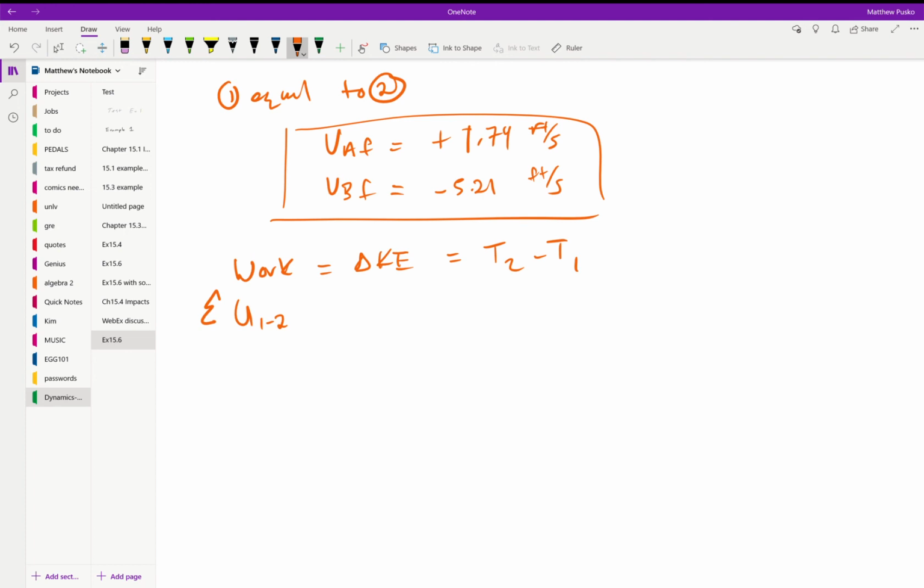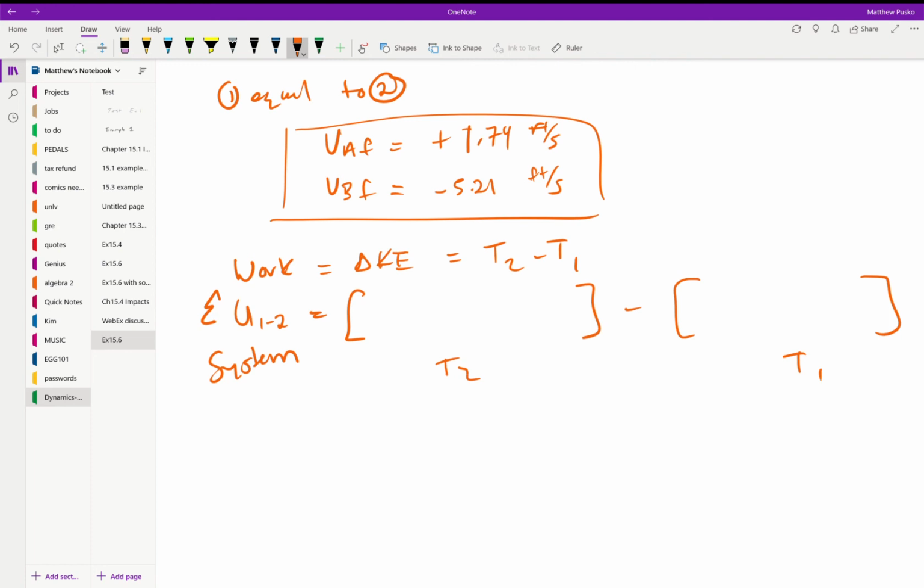If we look at the work done from 1 to 2 for the system, I'm going to say this is my T2, this is my T1, and I'm going to fill in accordingly so I don't make any sign errors.